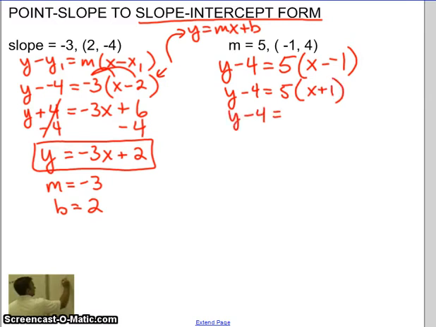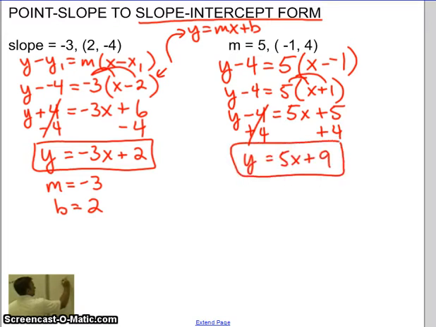Distributive property, 5 times x, 5 times 1, and then we get y by itself. Now we have our equation in slope-intercept form.